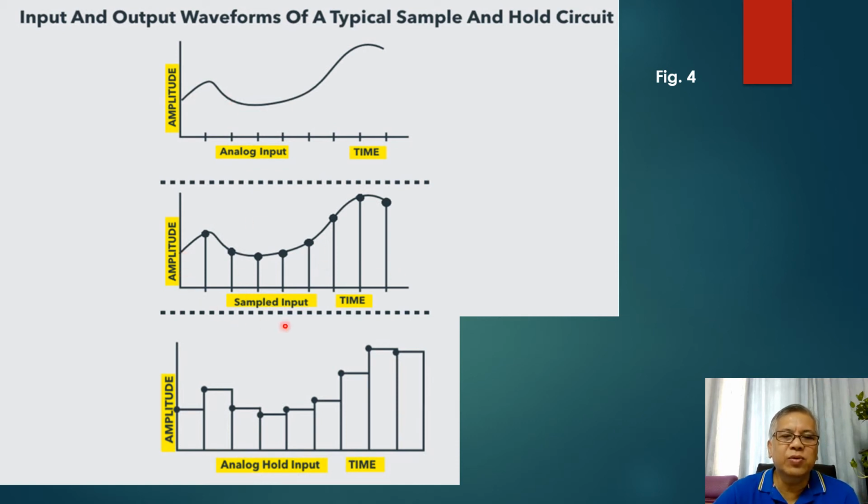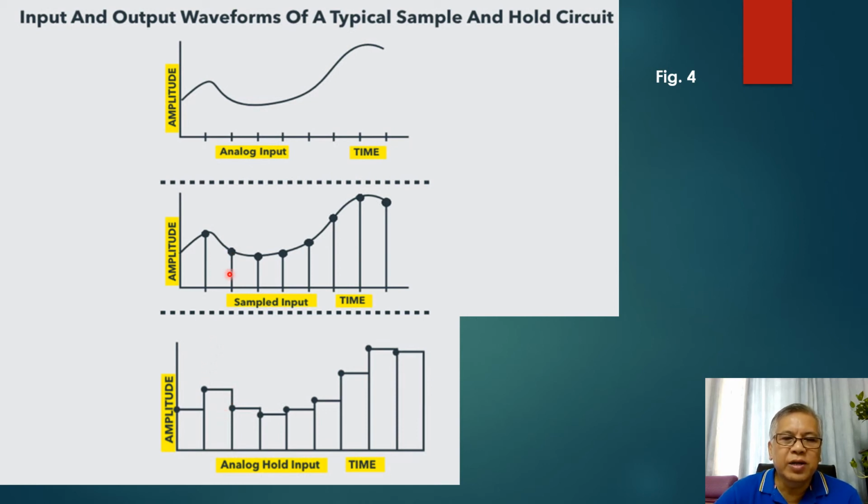Okay, so this one here is what we call the sampled input coming from your analog input, which was produced by your transducer. Then, we have here the analog hold inputs. So once your signal is being sampled here, this signal will be held for a short period of time, then transmitted into your analog to digital converter, and then it will sample again.